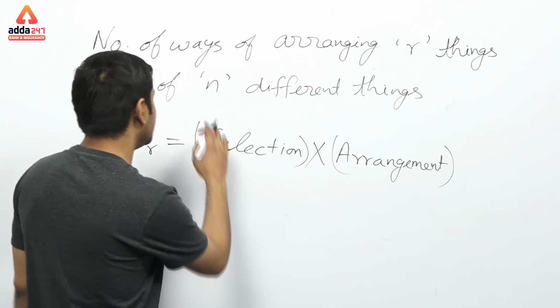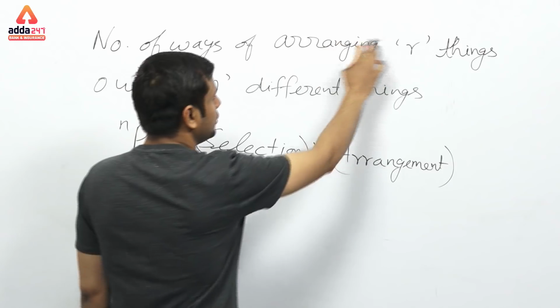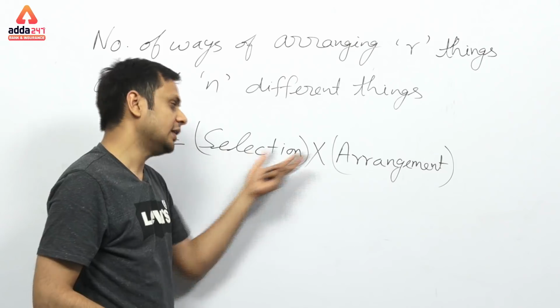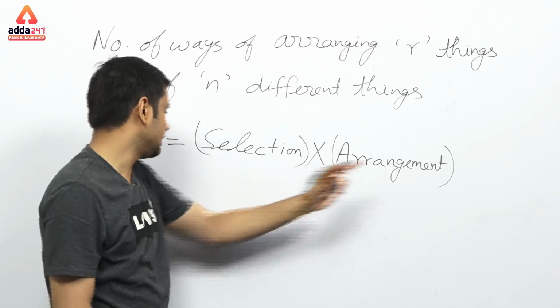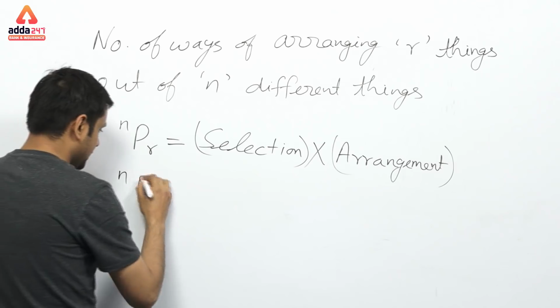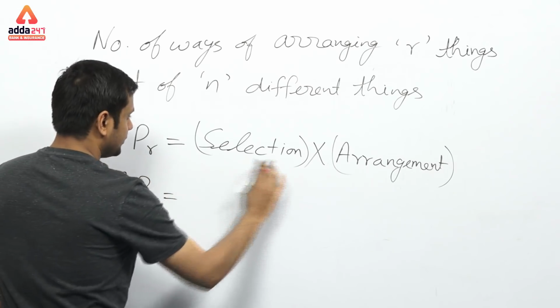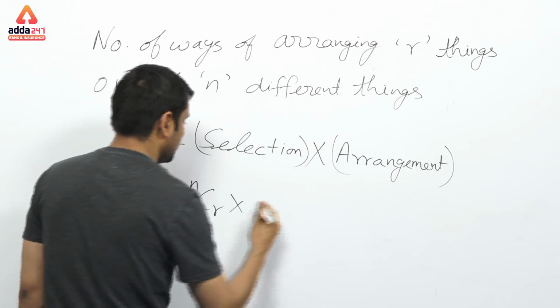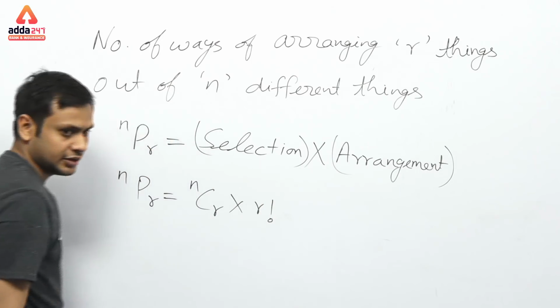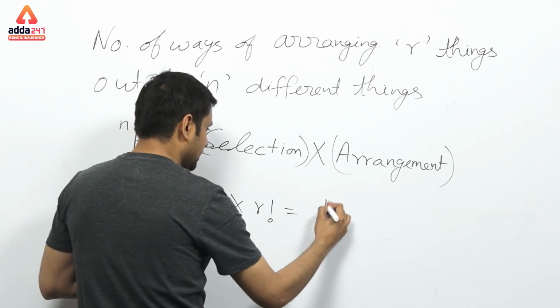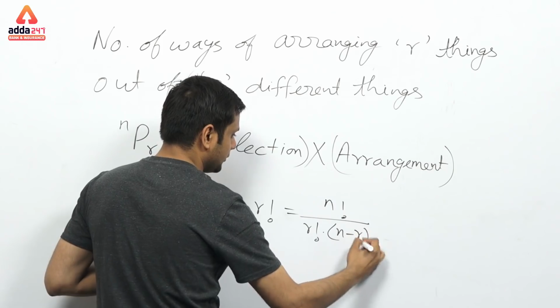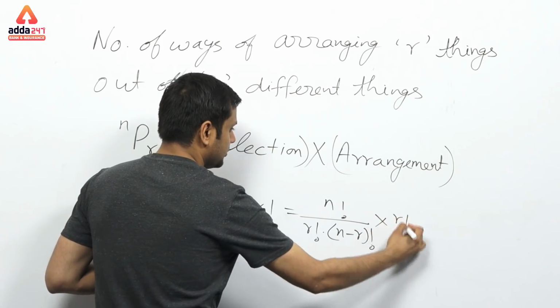For example, let's say there are 10 things, and out of that you need to arrange 4 things. First you need to select 4 things, and then arrange these 4 things, right? So NPR is selection, which as we already know is NCR, into arrangement, which is r factorial. The formula for NCR is n factorial divided by r factorial into n minus r factorial, and the arrangement is r factorial.